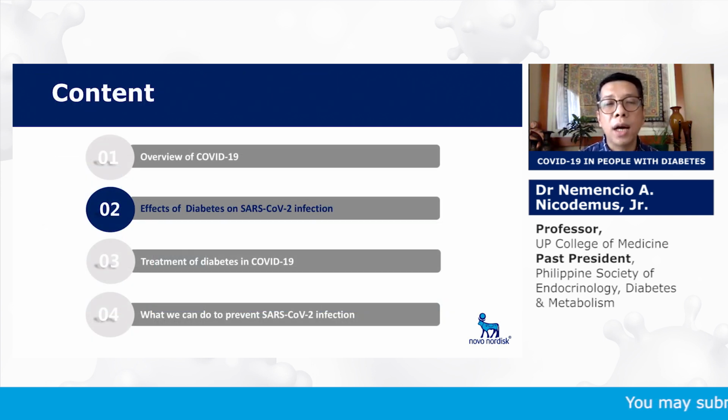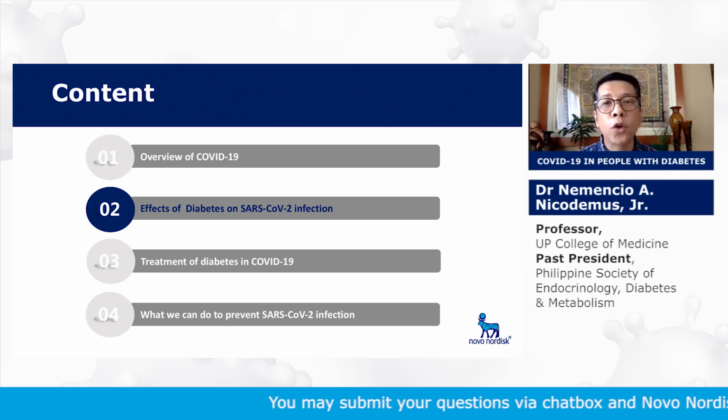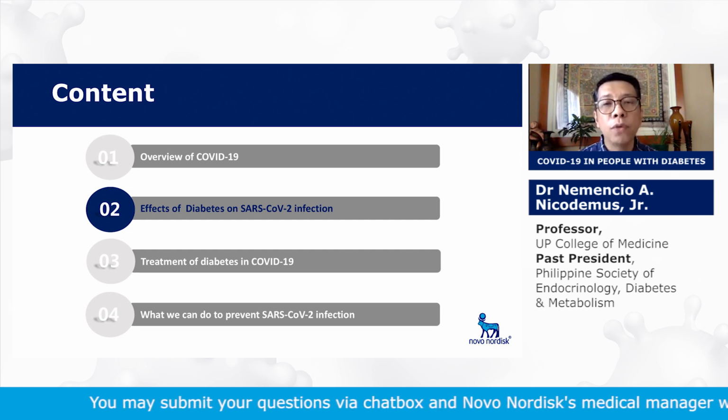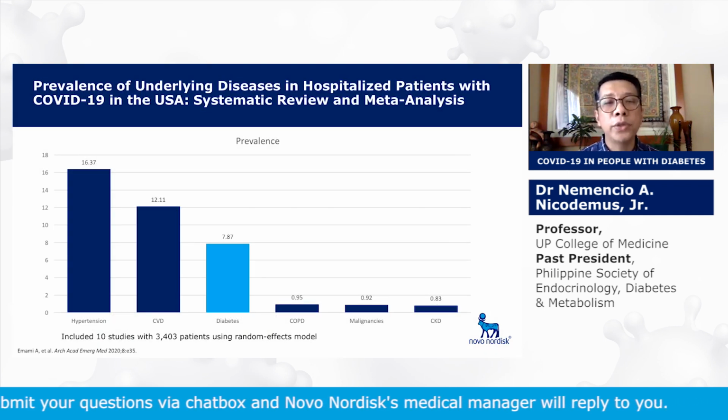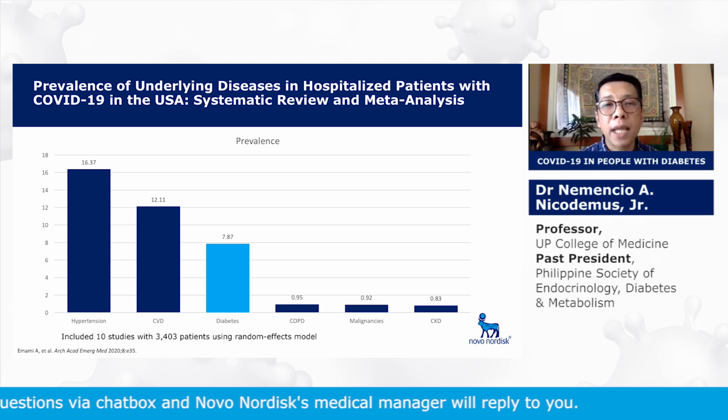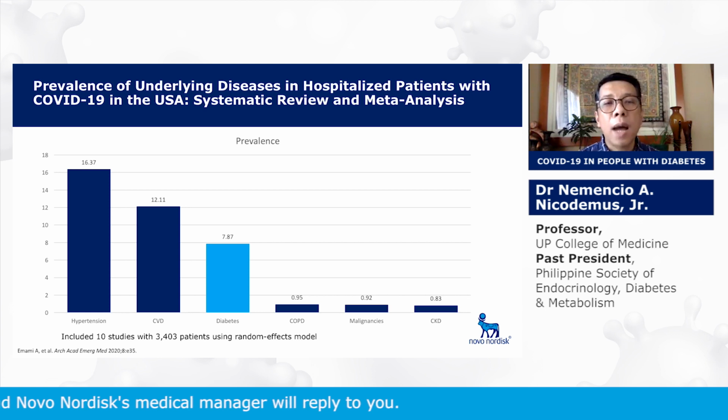Now we go to the second part. We now look at the effect of diabetes on SARS-CoV-2 infection. If we go by the number of underlying diseases and comorbidities that are found among different populations with COVID-19, a meta-analysis in the United States was able to show that aside from hypertension and cardiovascular disease, diabetes ranks top 3 among the underlying conditions that are found among hospitalized patients with COVID-19.